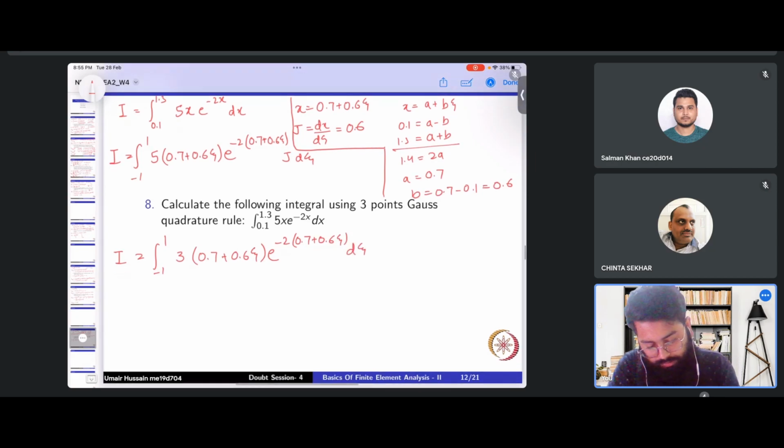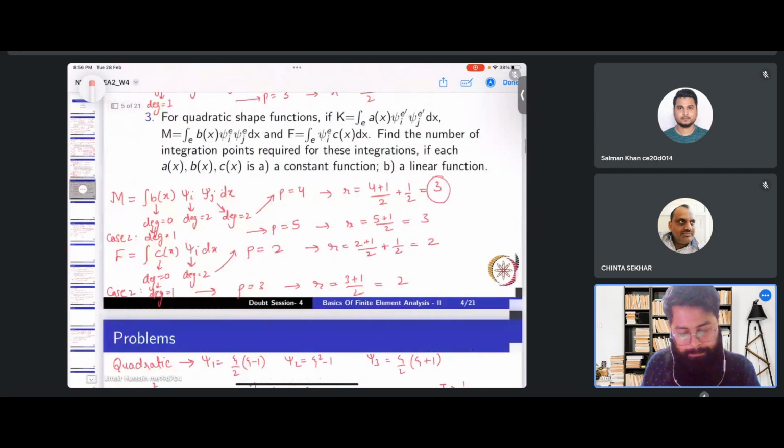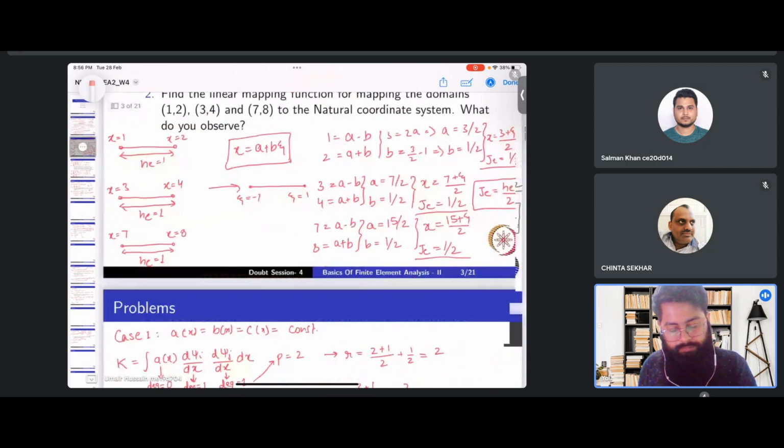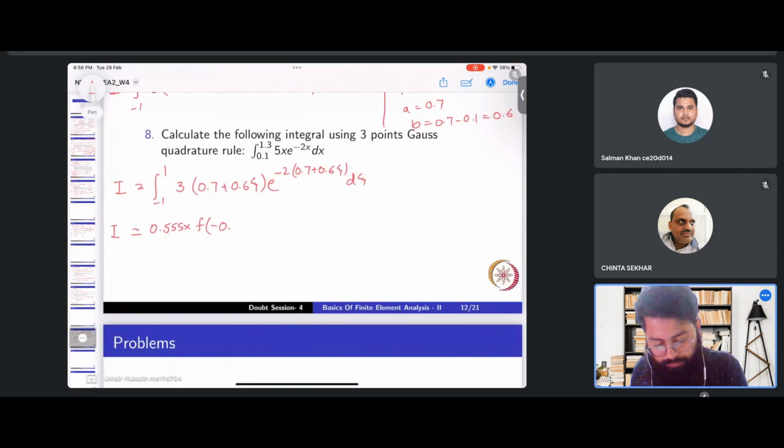If you want to use 3 points, then we have 0.555 times this function evaluated at minus 0.774, plus 0.888 times f at 0, plus 0.555 times f at 0.774.